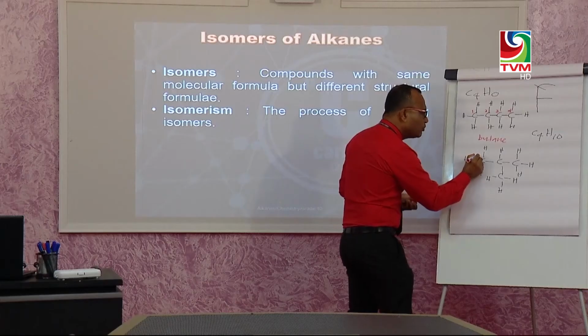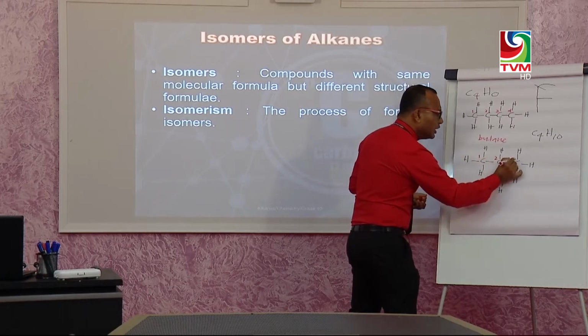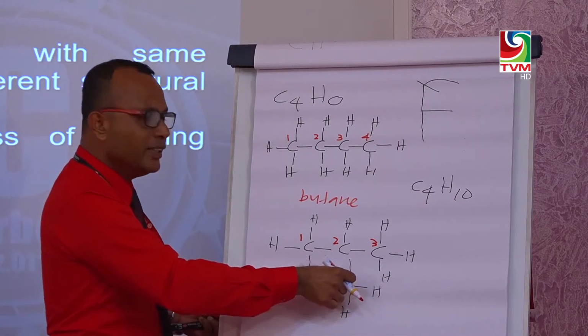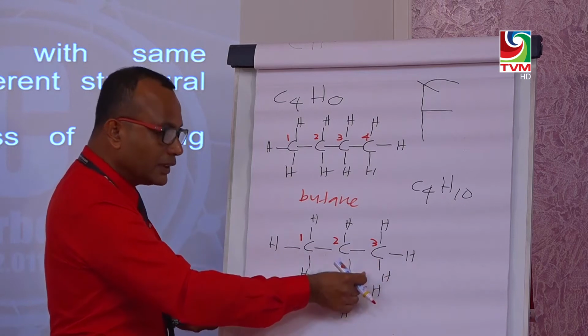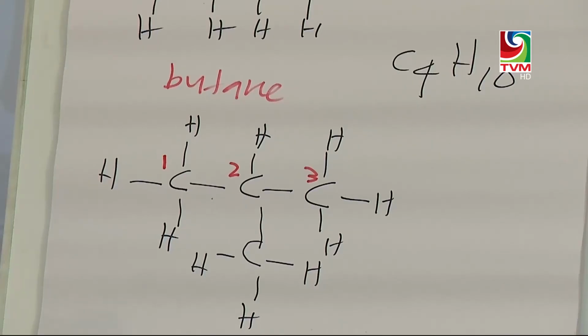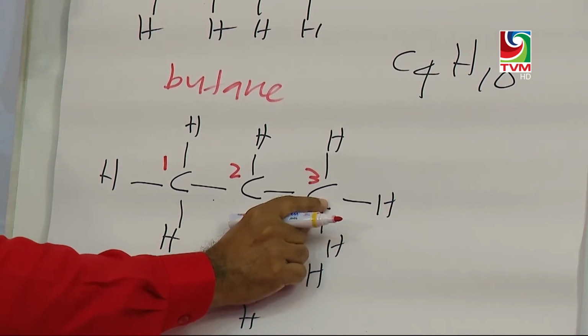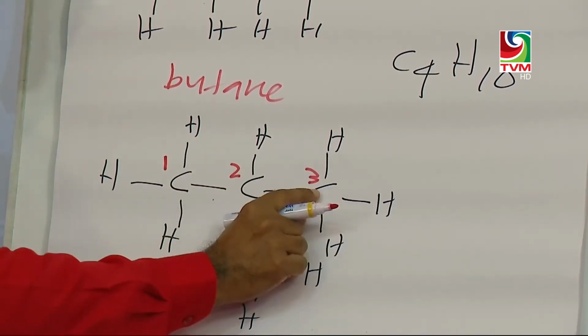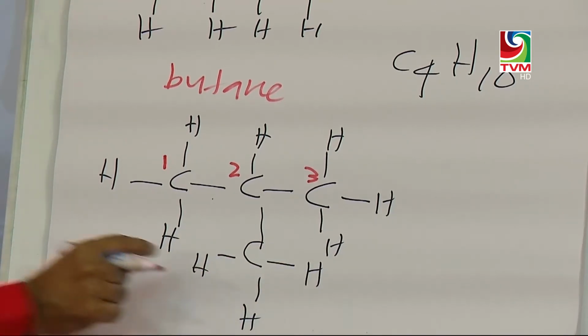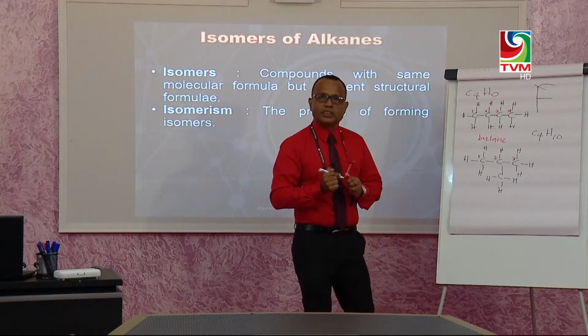I number 1, 2, 3. But I can't write any number on this carbon as the third carbon does not combine to the fourth carbon, it is not continuous. So I have to stop on this carbon: 1, 2, 3. You can see a carbon with 3 hydrogens is left without a number.